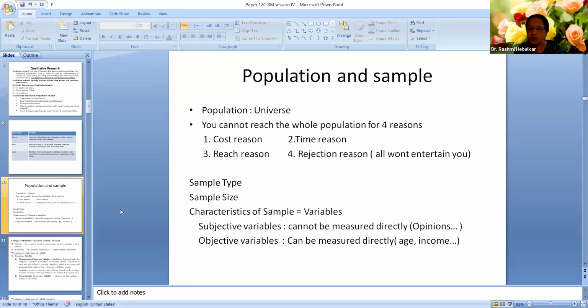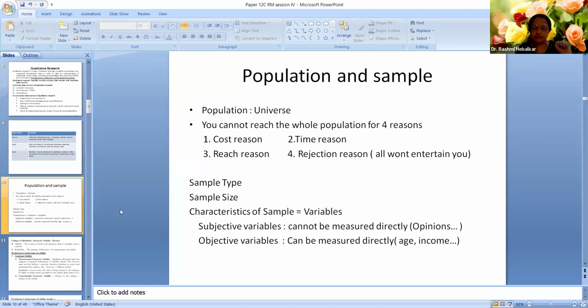Now, all the students who are studying research methodology in India or in the globe is called the universe. Okay. You got the concept of universe. Now forget it. I'm not going to talk about universe after this. We will focus on only population and sample, but in between sample frame.